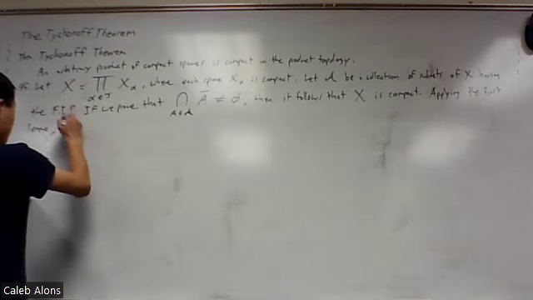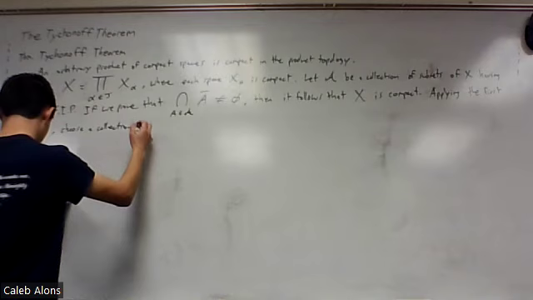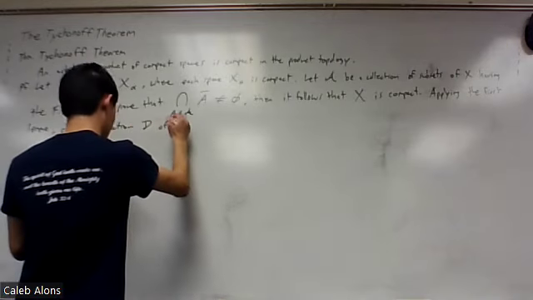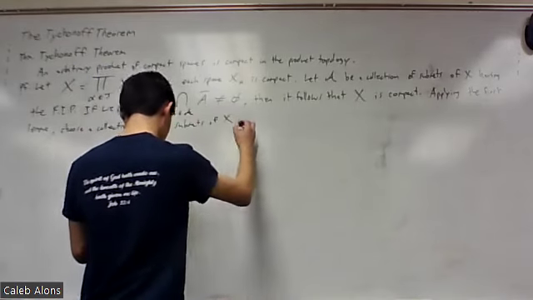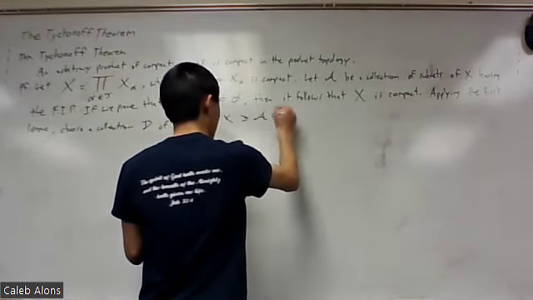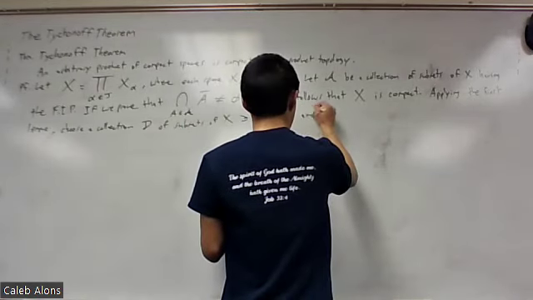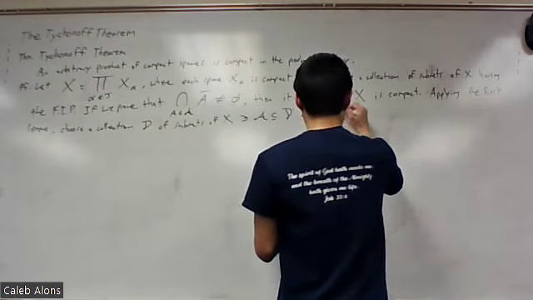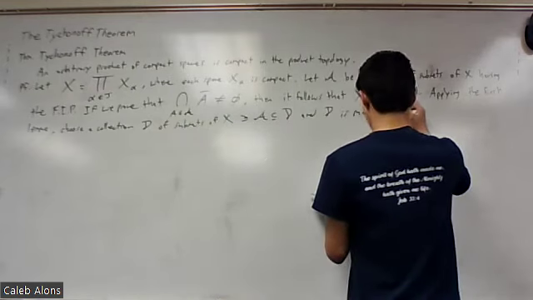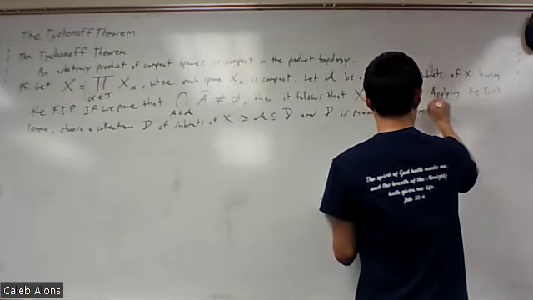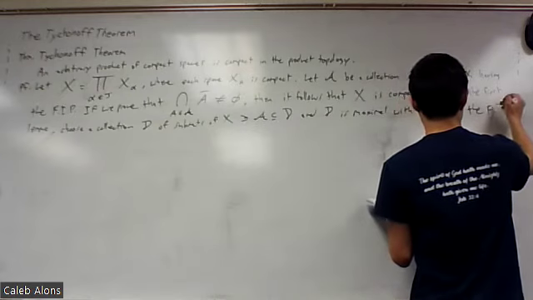We can choose a collection script D of subsets of X such that script A is contained inside of D and script D is maximal with respect to the finite intersection property.